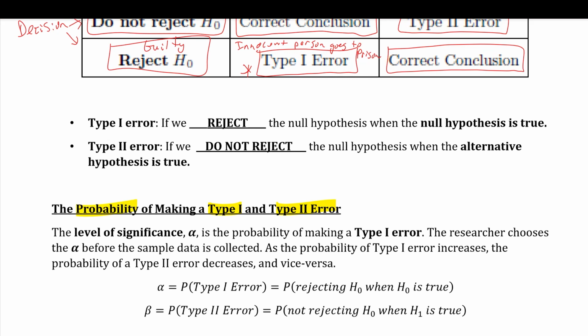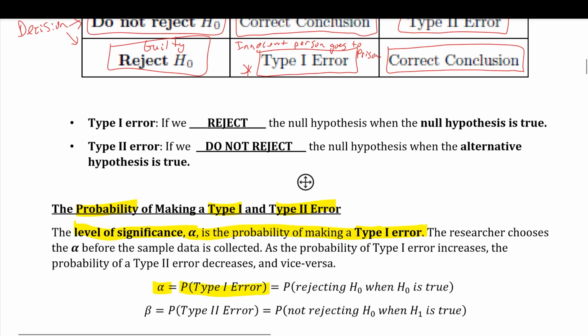Now, the level of significance, which we'll denote with alpha, is the probability of making a type 1 error. That's very important, because we're going to use that all the time. The researcher chooses an alpha before the sample data is collected. What is our level of significance really? Well, that's our willingness to commit a type 1 error.